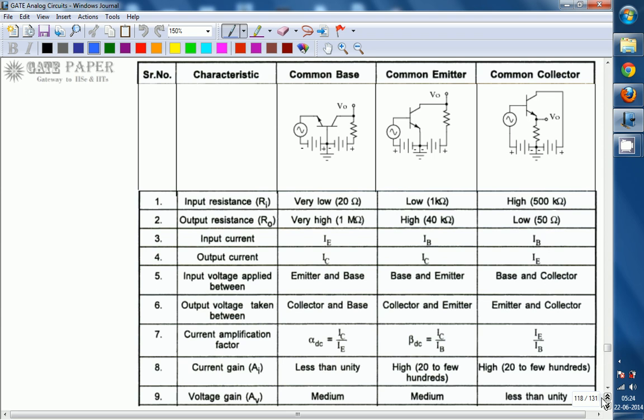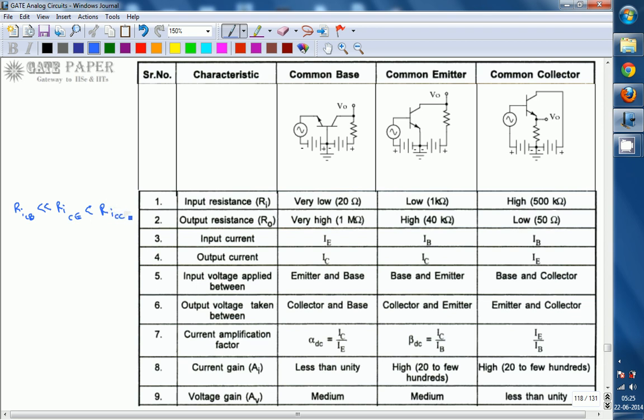So these are the circuit diagrams for common base, common emitter and common collector. Going with input resistance, Ri of common base is very small compared to Ri of common emitter, and common collector has the highest input resistance.